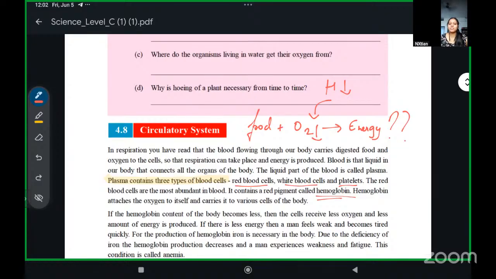If it is extremely low, they are not able to function properly. It's a serious condition, because oxygen is not reaching and energy is not being produced, so the cells are deprived of oxygen.